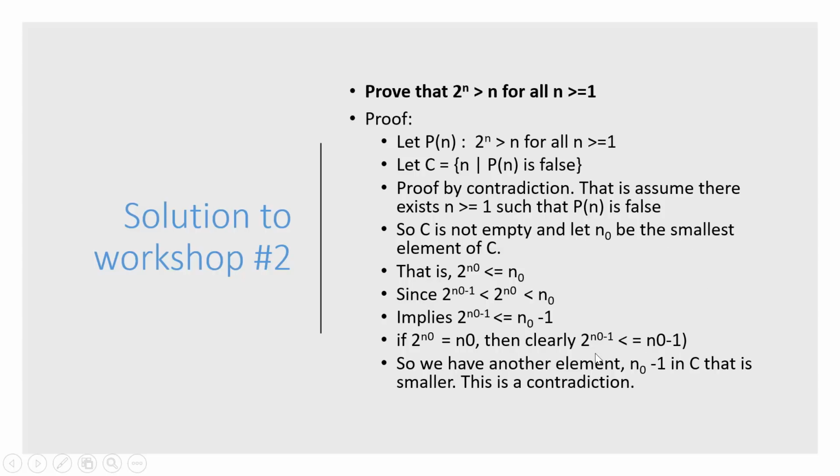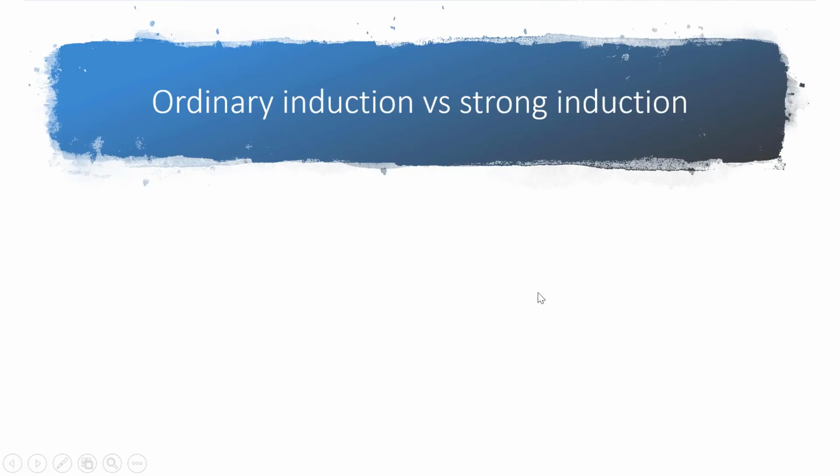That's a contradiction, and therefore we conclude that this set C must be empty. That means there is no n such that P(n) is false, and hence 2^n is greater than n is true for all n.